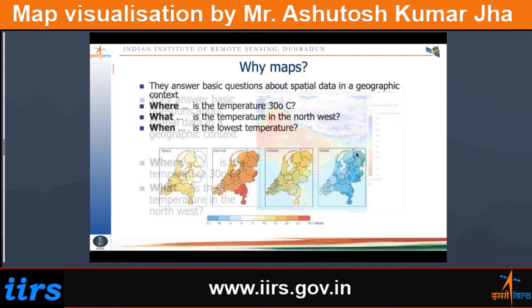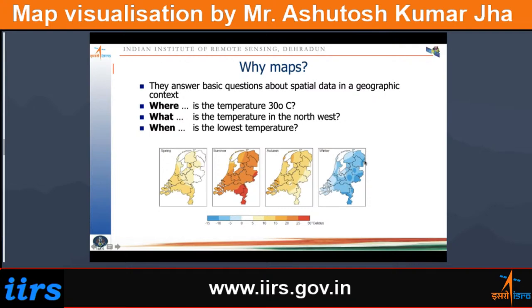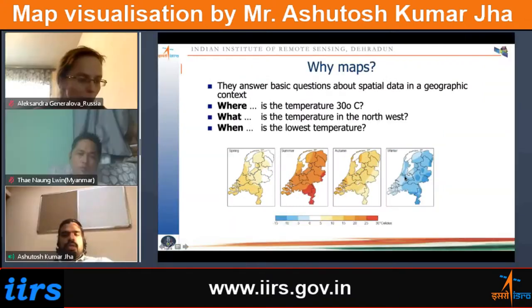In that case, we would like to know when the lowest temperature is going to occur, and on the basis of that, we define different seasons. This map simply shows the distribution of temperature in different seasons, or in terms of time, we can call it the when.